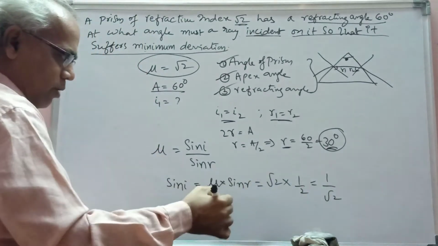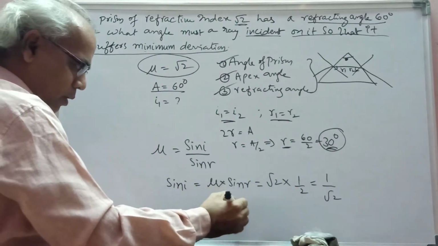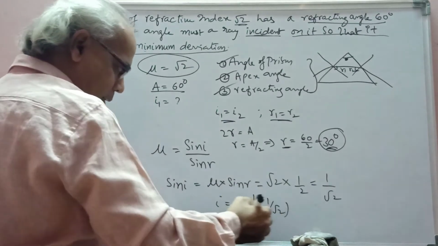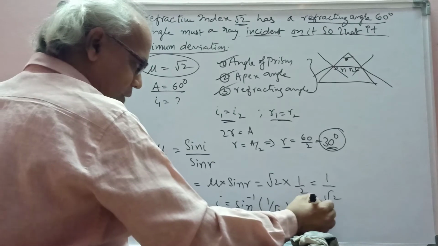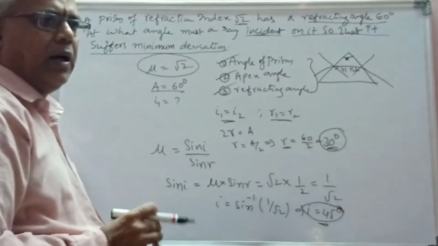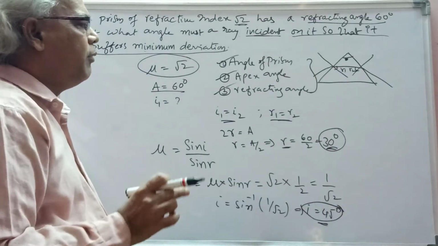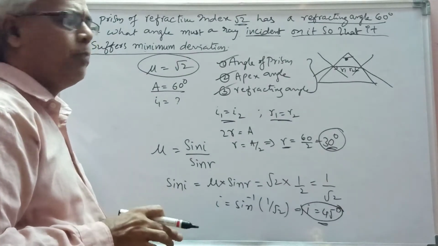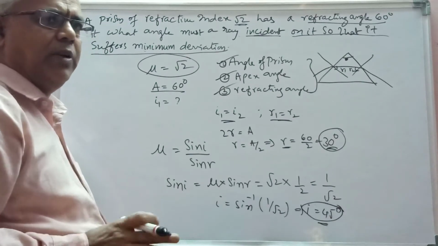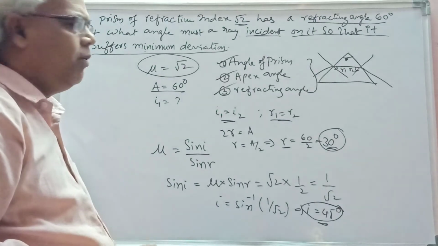So sin I is equal to 1 by root 2, I is equal to sin inverse 1 by root 2. So the angle of incidence I is equal to 45 degrees. Don't get confused by the given data. This confusion goes away when you practice more problems on the same phenomenon and the same formula.